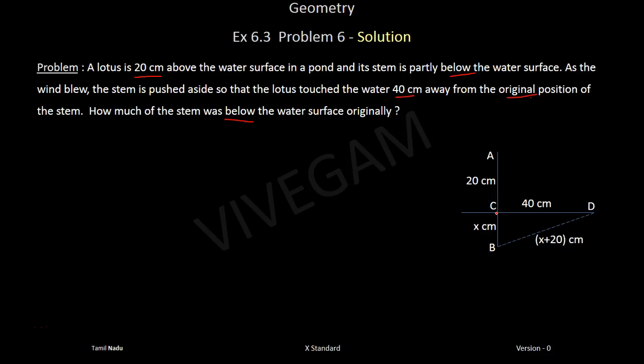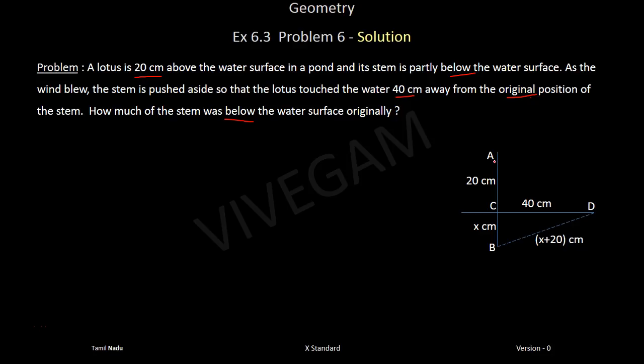So AC is above water and BC is below water. Let's put the dimensions. The lotus is 20 centimeters above water, which means AC is 20 centimeters, and we are asked to find how much is below, so let it be x centimeters. So the total length of the stem will be x plus 20 centimeters.